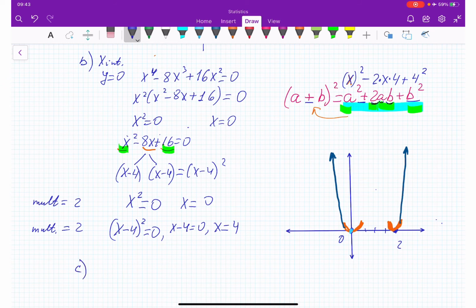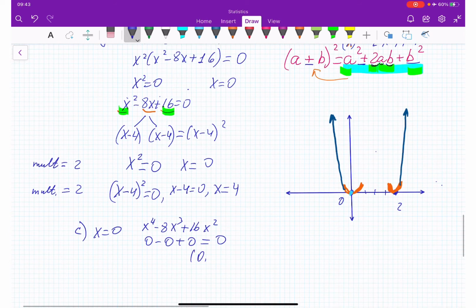So for y equals 0, to find out how much will be the y-intercept, I'm taking x equal 0. And I have x to power 4 minus 8x cubed plus 16x squared. Okay, and how much is it gonna be? Let's say if I take x everywhere 0, 0 minus 0 plus 0, so we get y equal 0, so we get 0, 0.